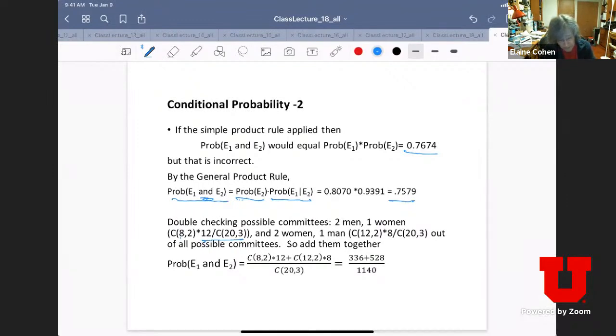And then we have the probability of 1 man and 2 women. Then we add them together because each collection is possible. Those groupings are disjoint. You can't have a committee of 3 with 2 men and 1 woman and also 2 women and 1 man. That doesn't work. So we end up with this answer, and if we do the division, we end up with the right thing.